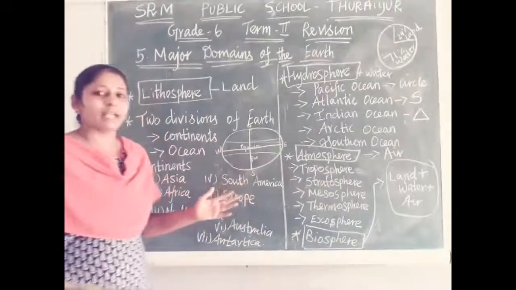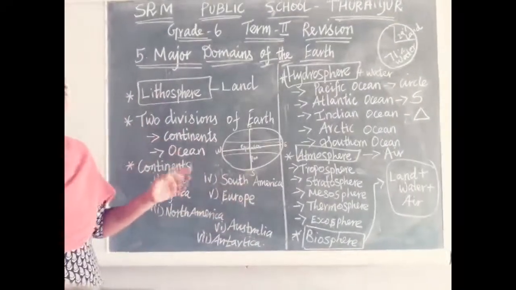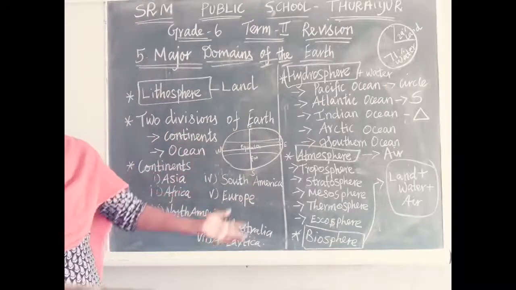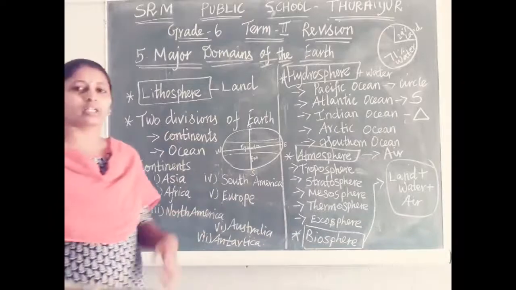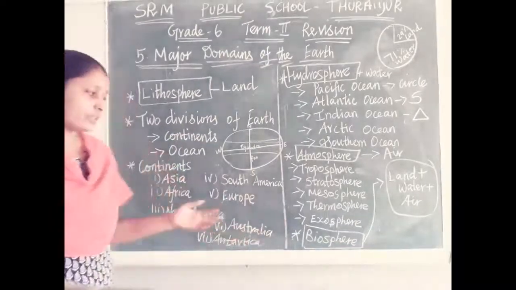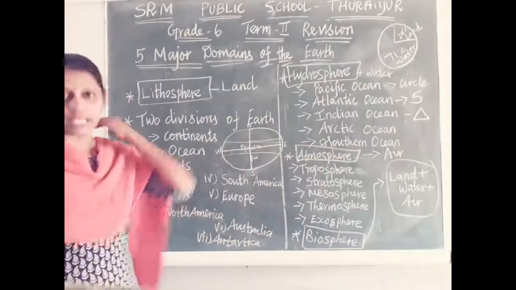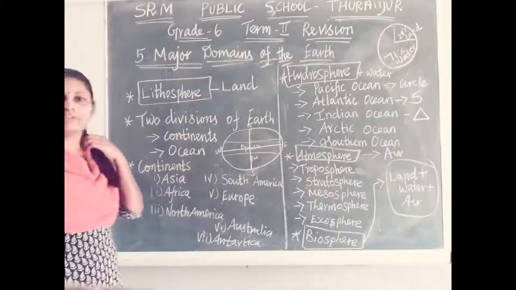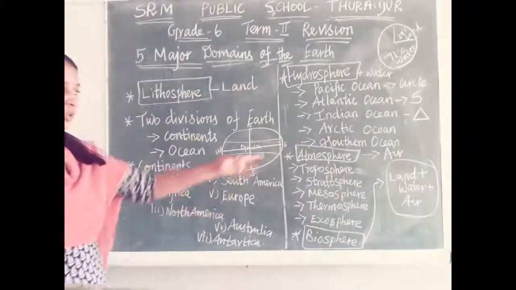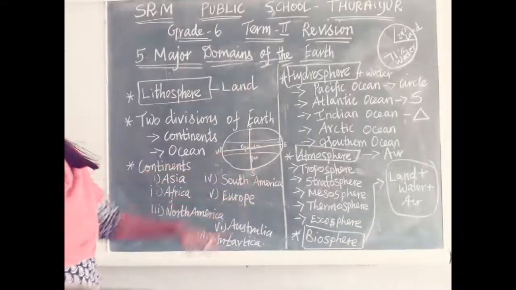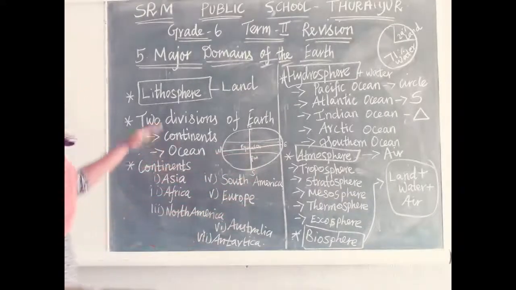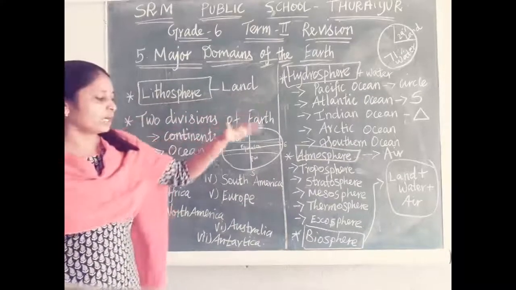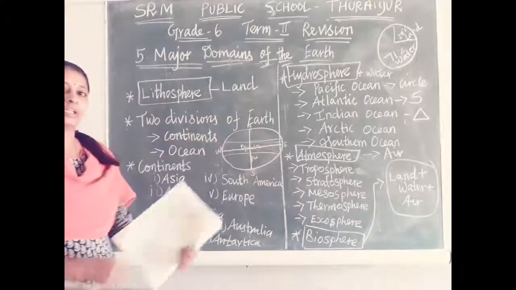That's why this planet is called the living planet. Without any one of these three, whether there is no land, no water, or no air, our earth is not suitable for life. So up to now we discussed the lithosphere, hydrosphere, atmosphere and biosphere, right?